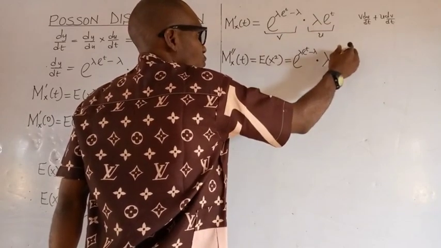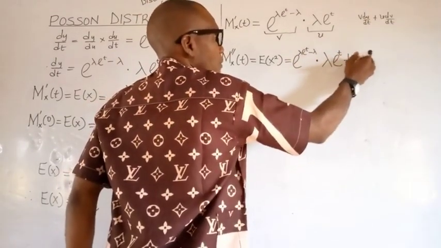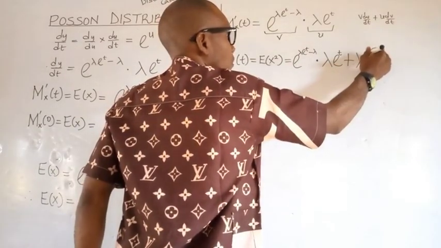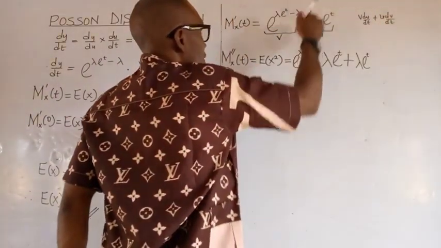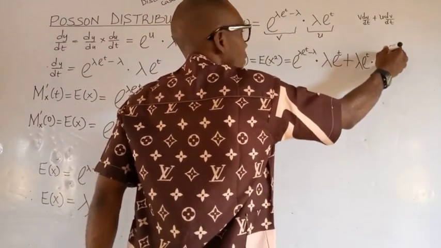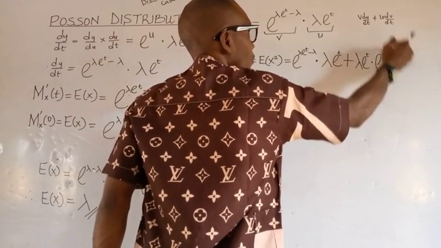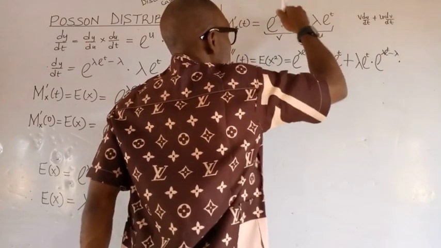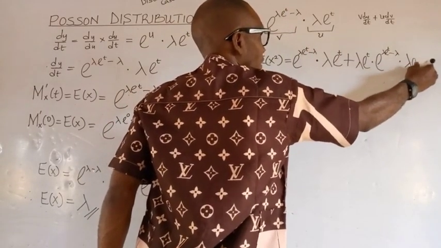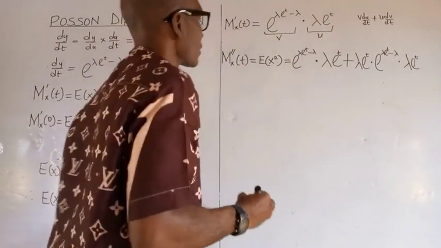If you differentiate this function, you get the same thing because of the exponential function, plus u, then the dv over dt, which is this. If you differentiate this, you get 1 over et, but you differentiate this value here, it gives lambda t minus 0. So that is it.